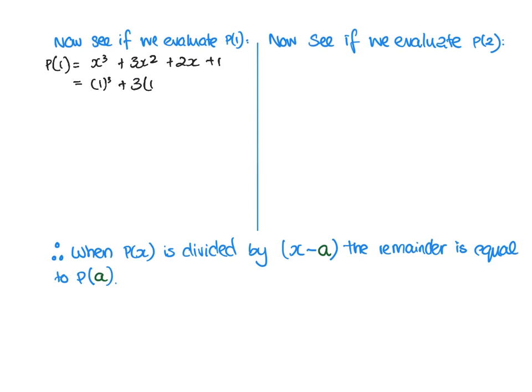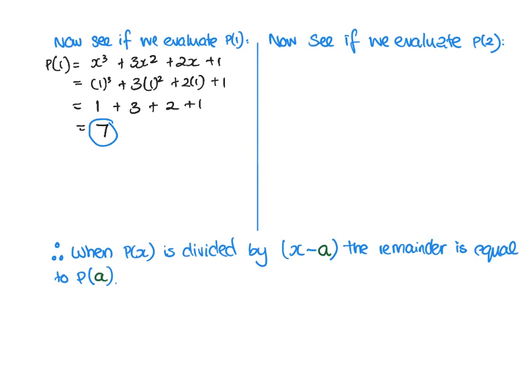So 1 squared plus 2 times 1 plus 1. That would be 1 plus 3 plus 2 plus 1, which equals 7. So when I did p of 1, I got 7.